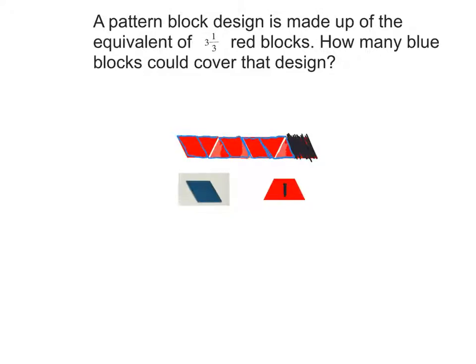The blue block is 2/3 the size of the red block. So we had 3 1/3 red blocks, and we're going to divide up that same amount by the 2/3 block.